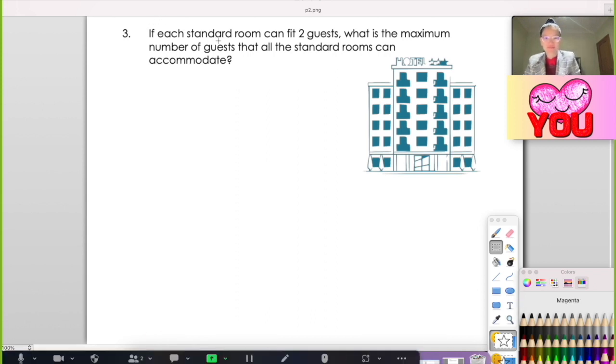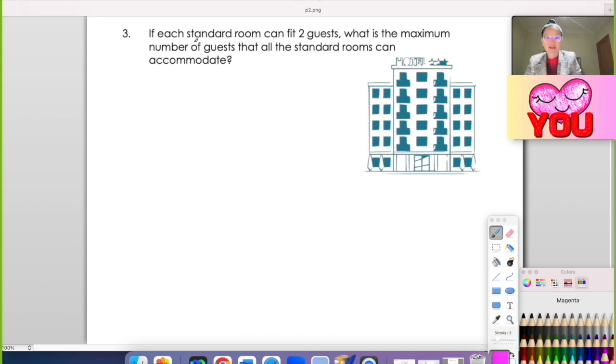If each standard room can fit 2 guests, what is the maximum number of guests that all standard rooms can accommodate? First, we would like to find the maximum number of guests.